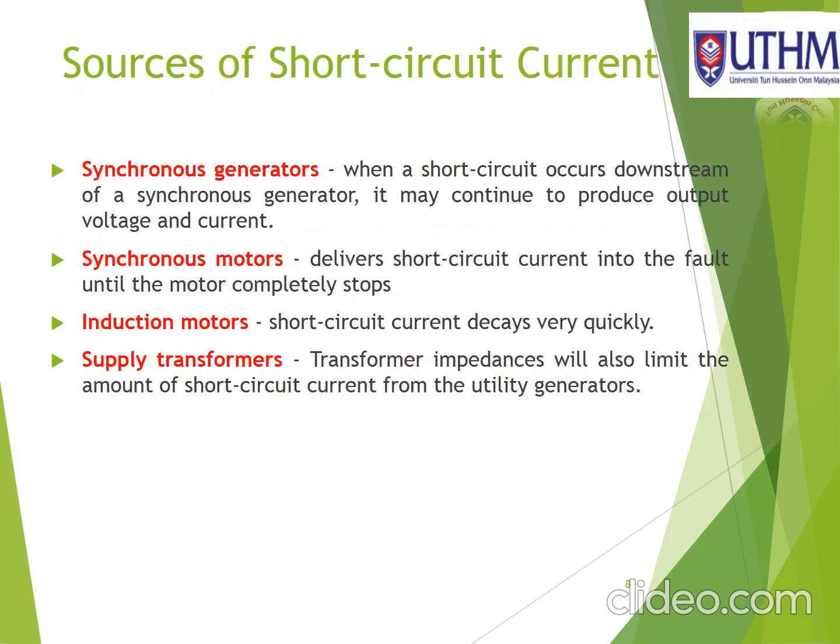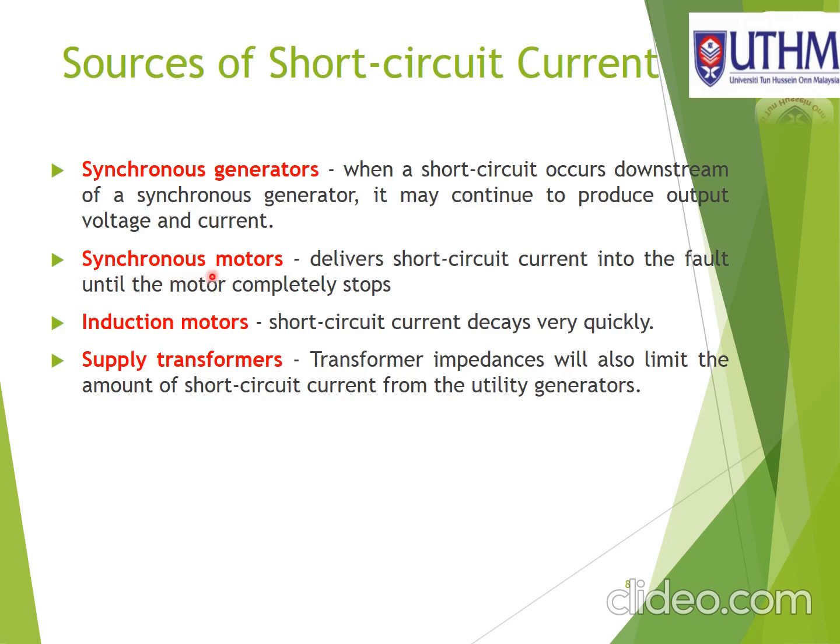Next, sources of short circuit current. There are 4 sources. The first one is the synchronous generator. When a short circuit occurs downstream of a synchronous generator, it may continue to produce output voltage and current.